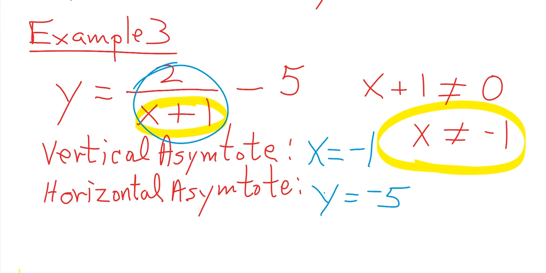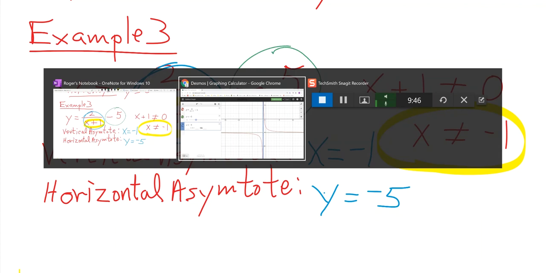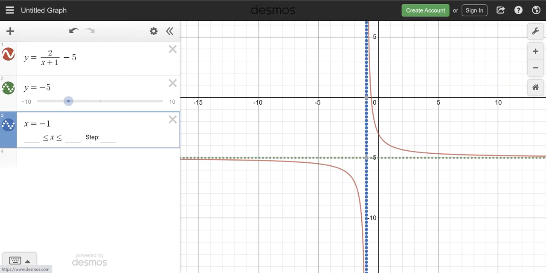Okay, it gets smaller and smaller. And then of course we're subtracting 5 right over here, which translates it down. But if we weren't subtracting 5, it would just be y equals something very, very close to 0 as x becomes very, very large. And that's why on the graph here, you see that if we go far to the right, follow my cursor, we're coming down to this line, -5.